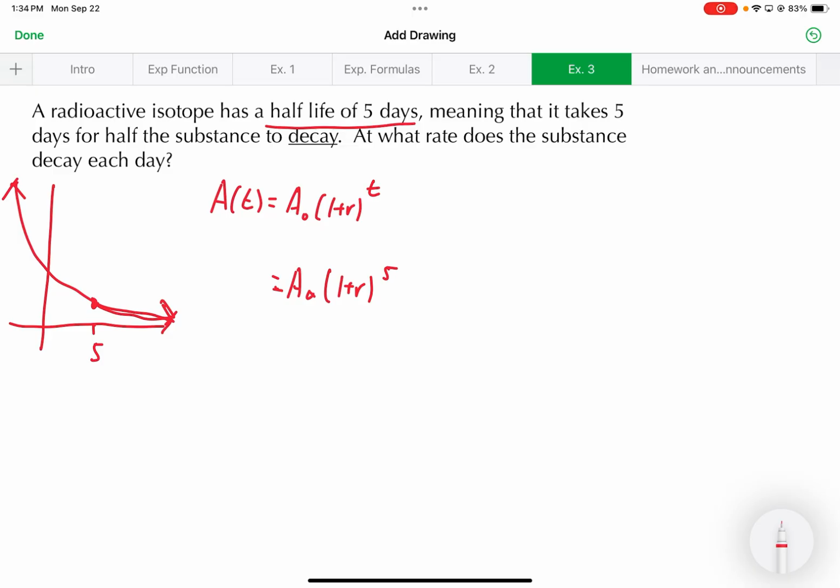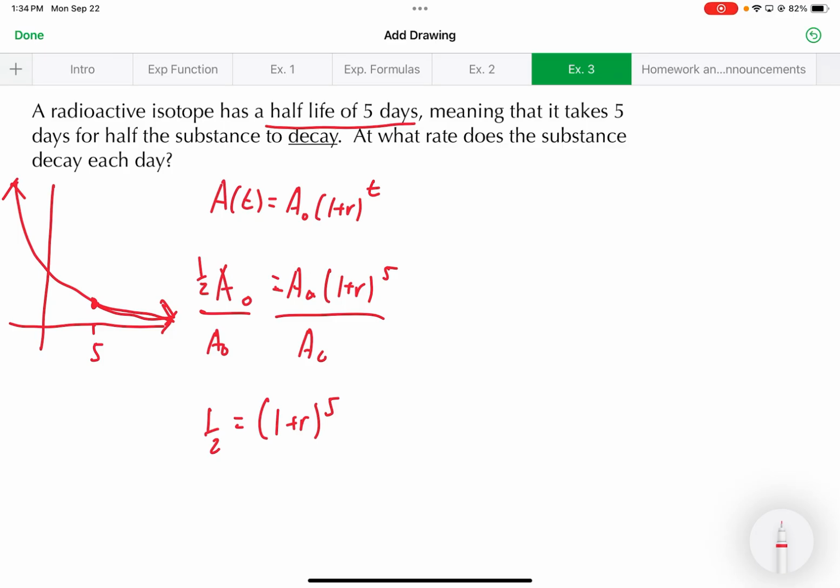Half of what? Half of the original, right? So 1/2 of A_0 is what I would plug in for A(t). If I start this problem the same way, I divide both sides by A_0. So 1/2 equals (1 + r)^5.